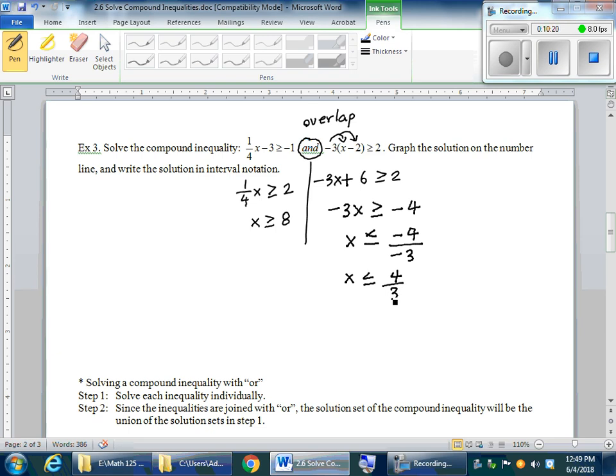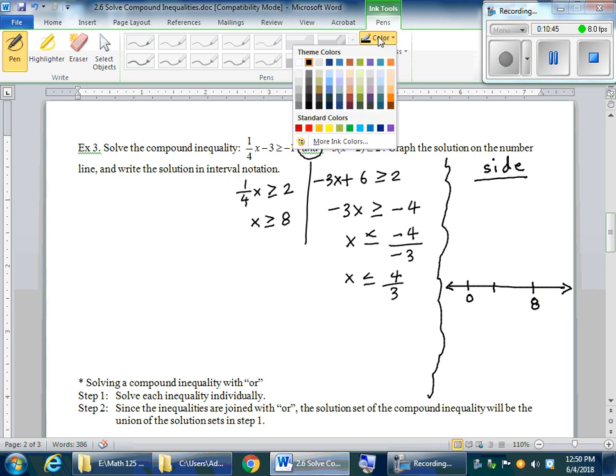Okay. Now, let's try to graph each case and find our final answer, like in the previous example. So here's my side work, right? Here's 0, here is 8.